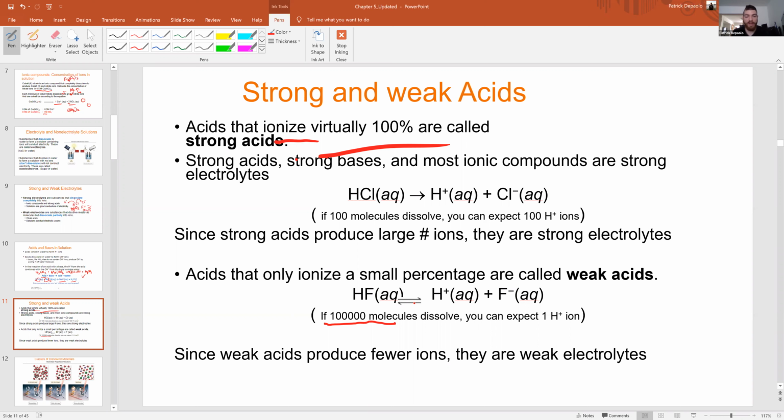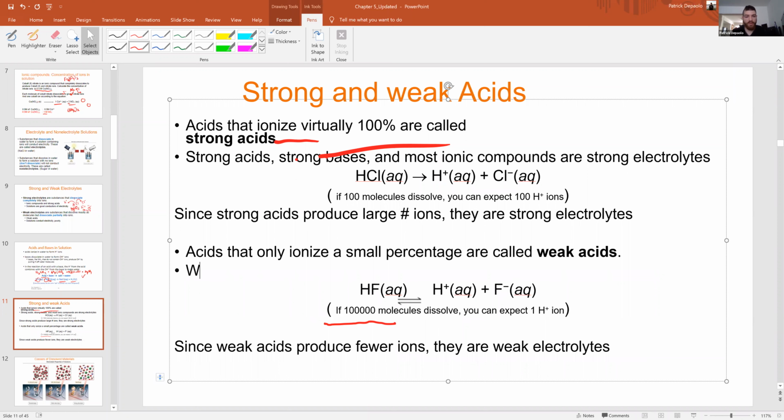Something else you might notice is that you have a double arrow here. This double arrow represents equilibrium. For weak electrolytes, I'll write this down also, it's easy because only weak acids and weak bases are weak electrolytes.